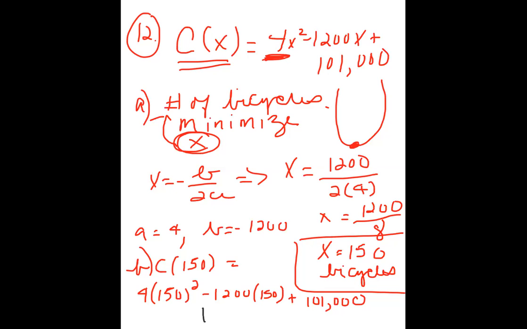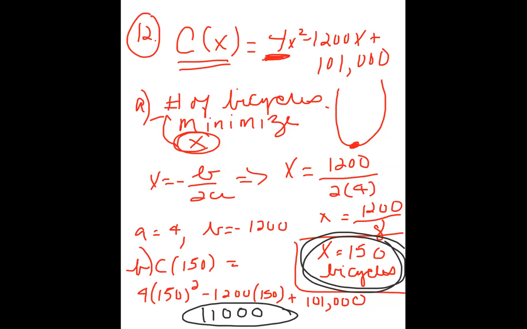So when the function reaches its minimum, there are 150 bicycles produced, and it costs 11,000 to produce those 150 bicycles. So part A is 150 and part B is the 11,000. Be careful when you're typing in these answers.